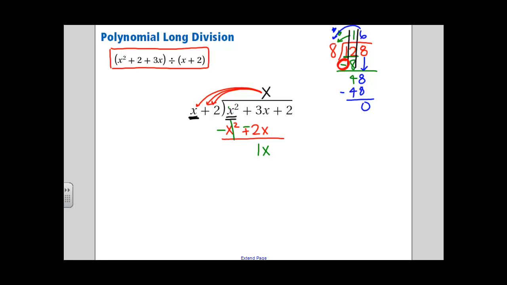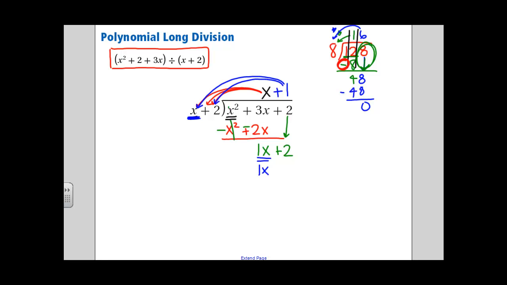And then again, just like our numbers up here, we want to bring down the next term. So we're going to bring down a positive 2. And then we go through and ask ourselves the same questions again. How many times can x go into x? And it goes in 1 time. And then we're going to multiply 1 times x, which is 1x.